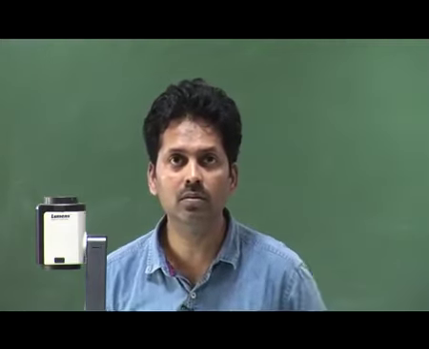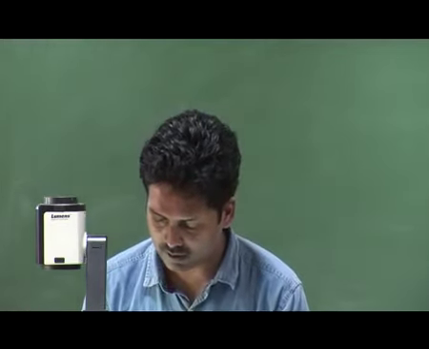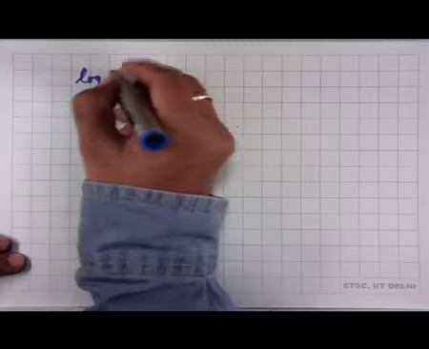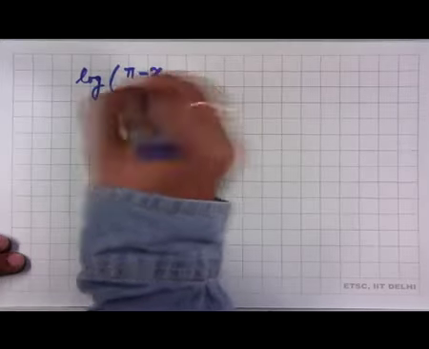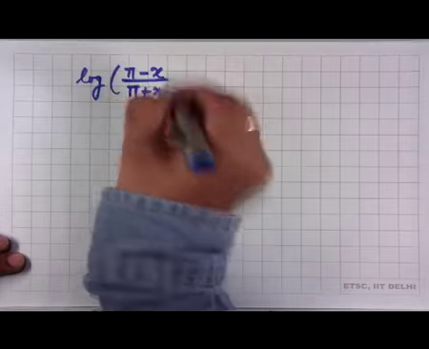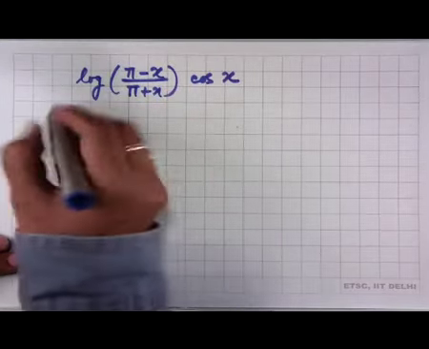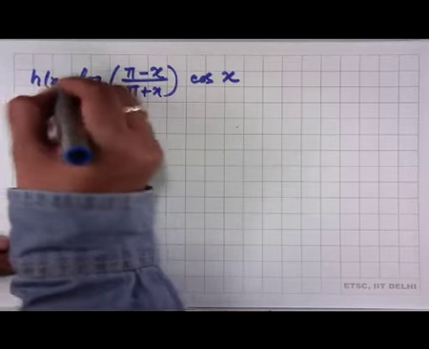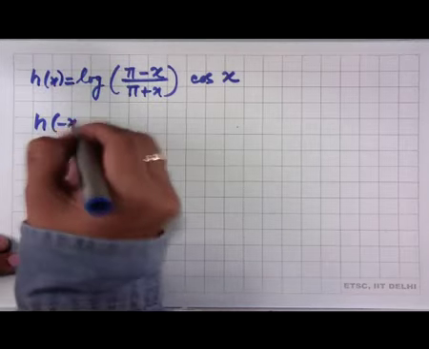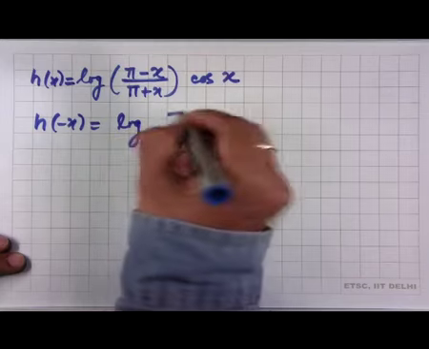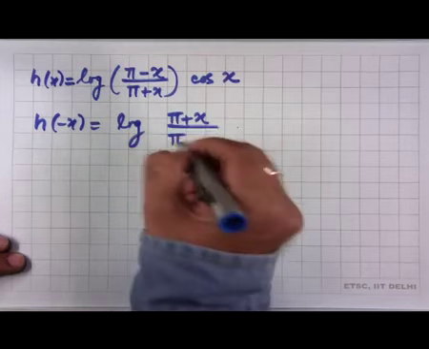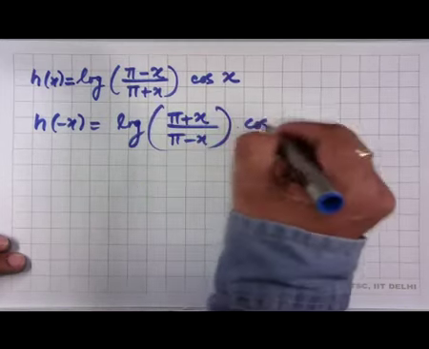So to see it carefully, let us do that. You want to find out whether it is even or odd. If this is h(x), then h of minus x is log of (pi plus x) by (pi minus x) cos of minus x.